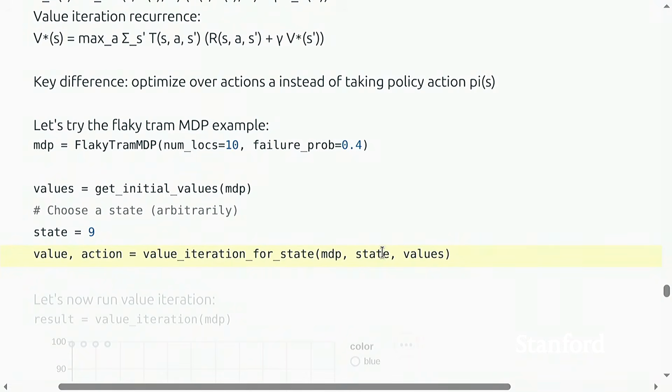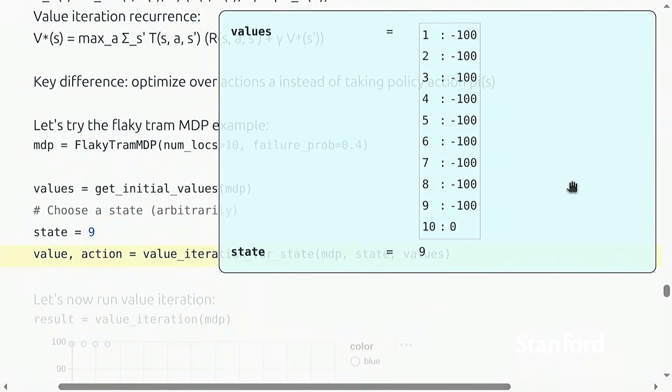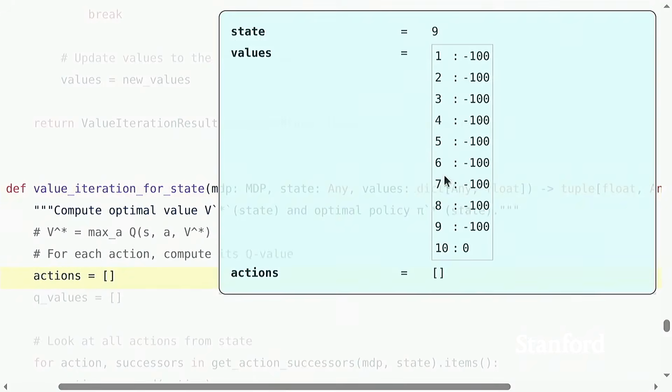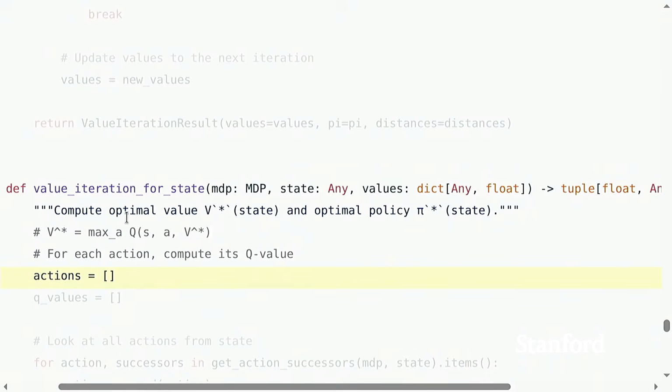Let's do it for state 9, which is one step from the end state. Another way to write the optimal value, V star, is just the maximum over actions of Q of S, A, V star.